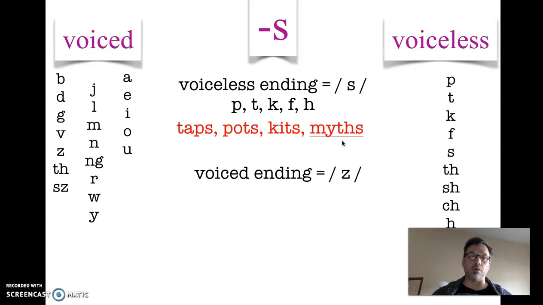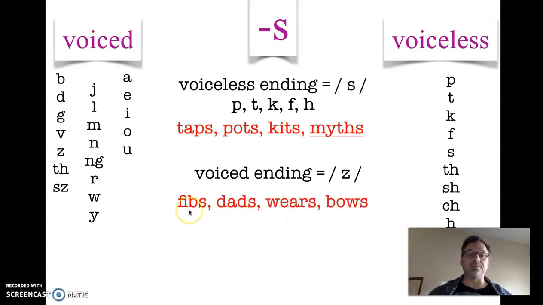Let's look at our second rule for the suffix S. A voiced ending, that's over here, sounds like Z. So the S suffix, which is the letter S, sounds like Z. Let's look at some examples. Fibs, fibs, to tell lies.